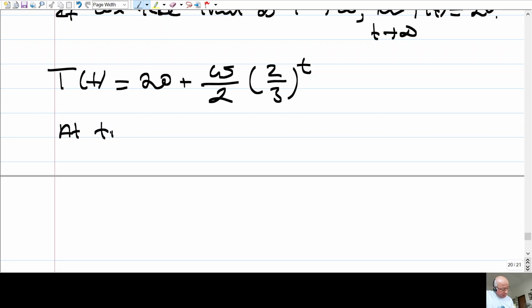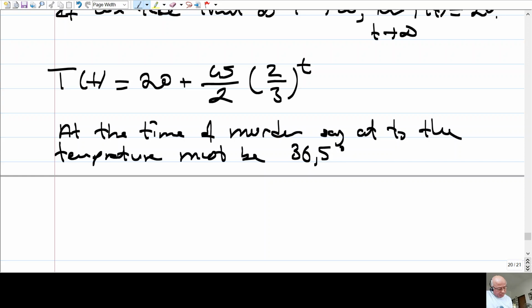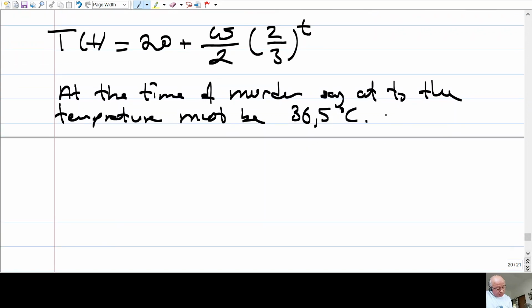At the time of murder, say at T0, the temperature must be 36.5 degrees Celsius, right?